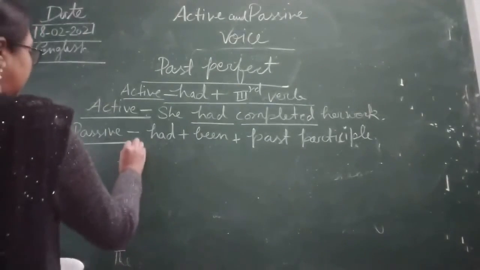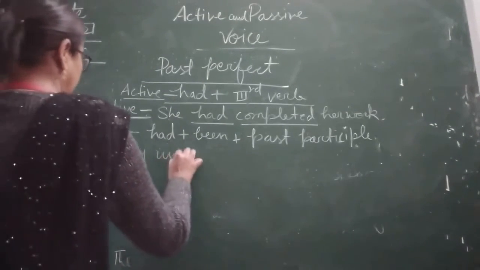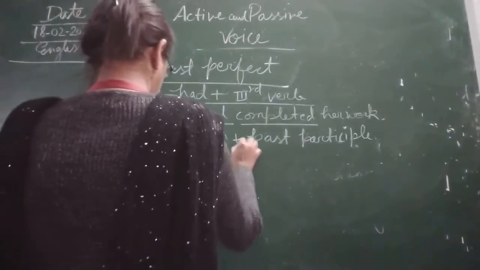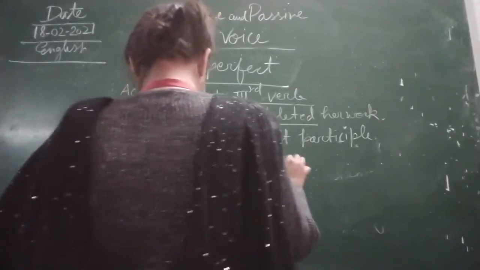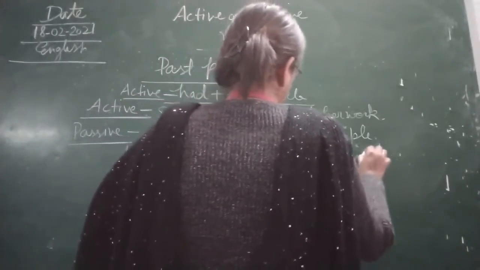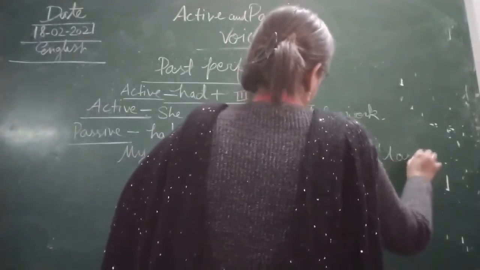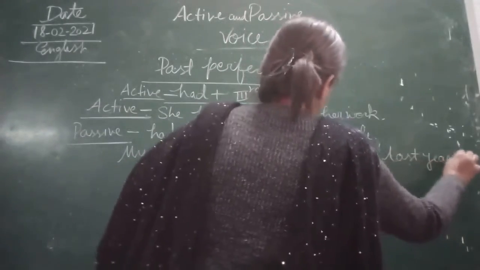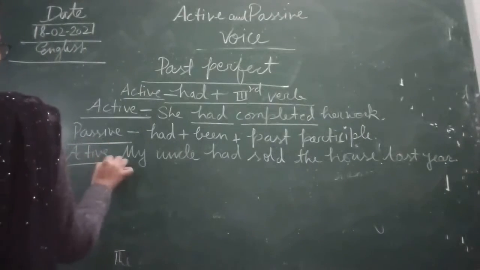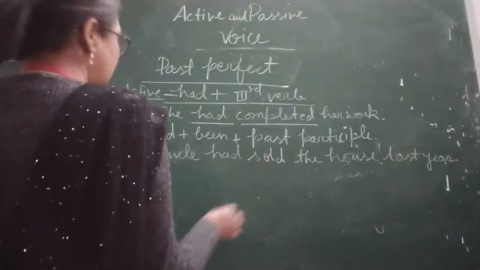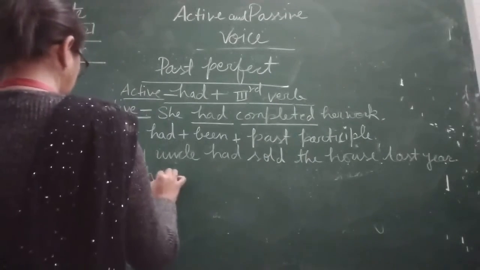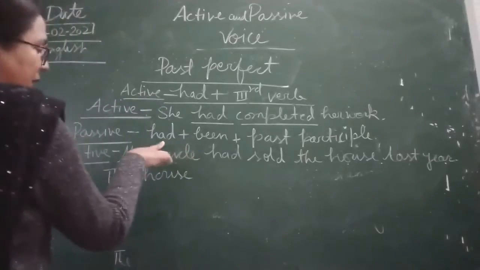Now I am going to give you an example. My uncle had sold the house last year. Okay, this is written in active voice. Now what will we change here? The house, what will we use? Only had.